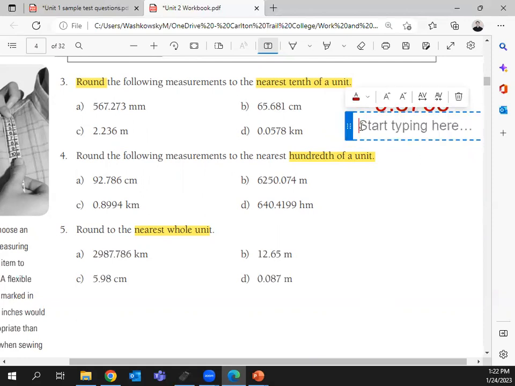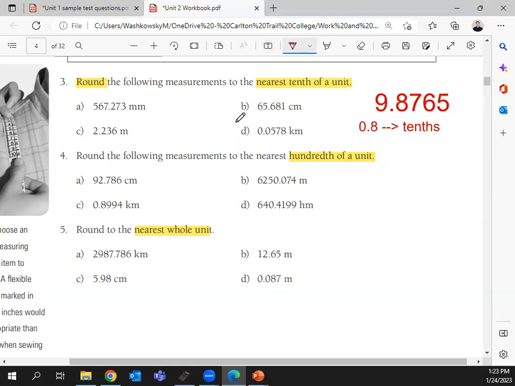If I'm using the 0.8, that 8 is what we call a tenth of a unit. It's a tenth of 1, a 1 over 10. There are 8 tenths here. So if I'm rounding to the nearest tenth of a unit, I want the number to be a decimal with just one digit there. So it should be one decimal place when you have a tenth of a unit.